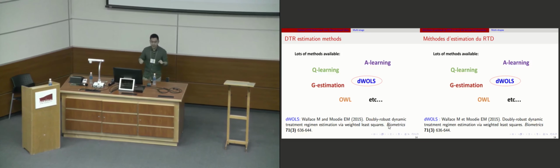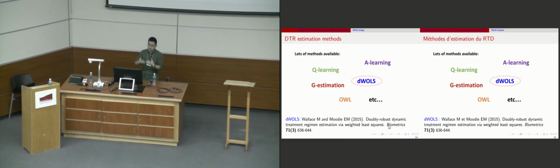It has a nice property called double robustness, and I will give more detail about this property later. The method that we focus on in this paper is called DWOLS, the dynamic weighted ordinary least squares, proposed by Wallace and Moodie in their 2015 Biometrics paper. DWOLS combines the advantages of both Q-learning and G-estimation.